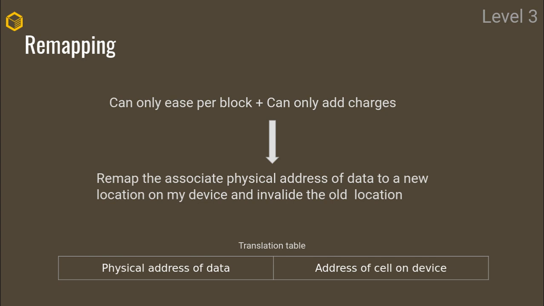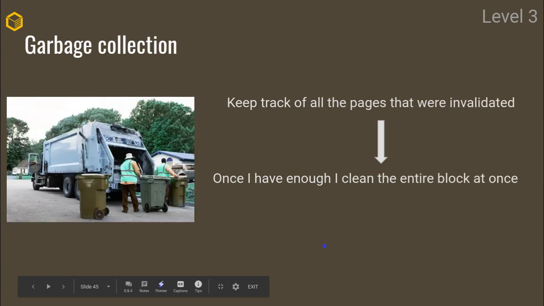This could be on another block. I don't really care, and I would write the new value to this new page, and then I would replace it in my translation table with the new address, and then I would keep in a separate table all of the older addresses for these pages that were discarded, and we call this a page invalidation table. And I would keep track of all these pages that were invalidated.